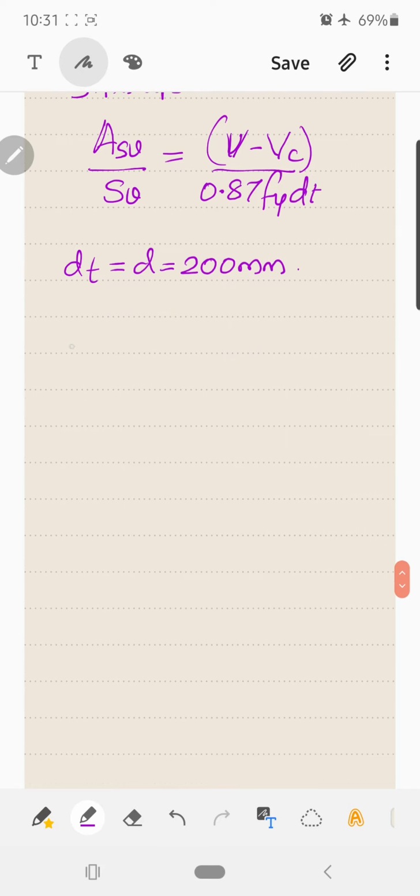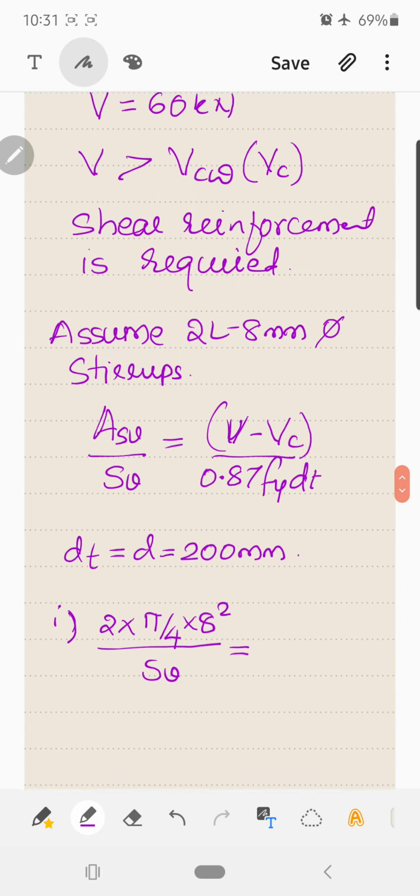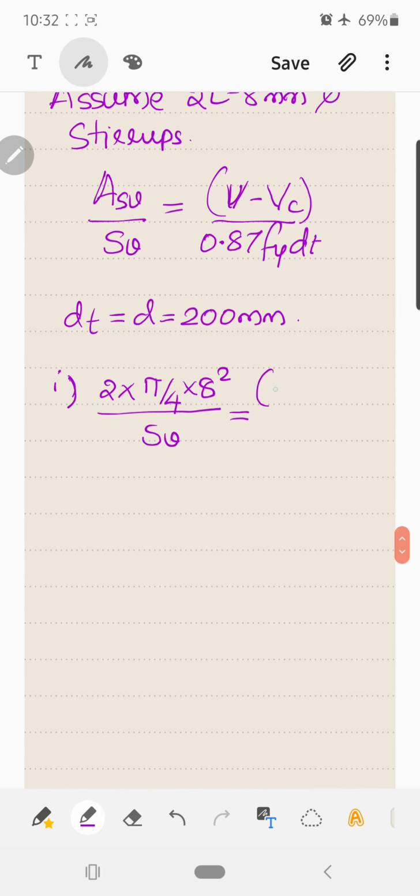Substituting, for the first case, ASV, the area of bar, we have assumed 2-legged 8 mm bars, so 2 into pi by 4 into d square, divided by SV, is equal to V minus VC.